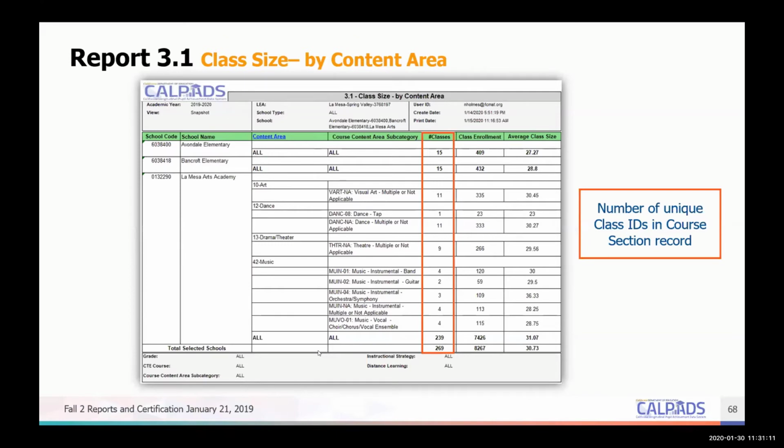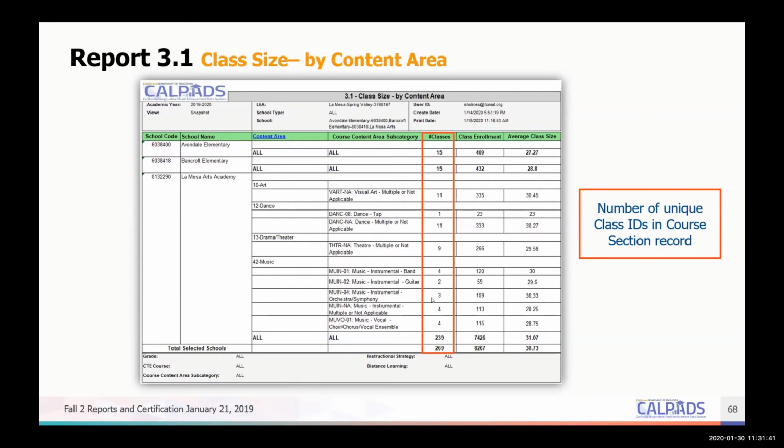Report 3.1 is your class size by content area. The content area is designated by the state course code. So you can see that the content area will be designated by the state course code. It's featured here. The valid code combinations document will identify the content area for each state course code if you want to do some report analysis, right? That's your reference.